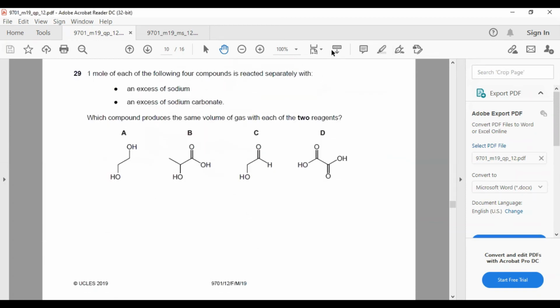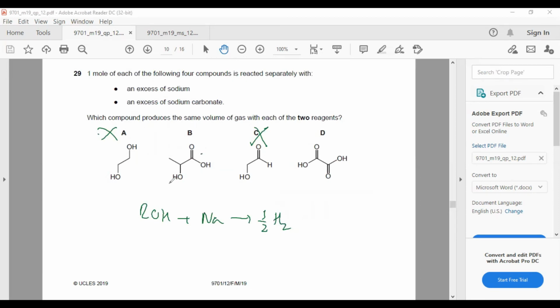Okay. 1 mole of each of the following with sodium carbonate gives the same volume of gas with two reagents. See, OH does not react with carbonate. Aldehyde does not react with carbonate. A and C are 100% wrong. Keep in mind 1 OH with sodium gives half mole of hydrogen.